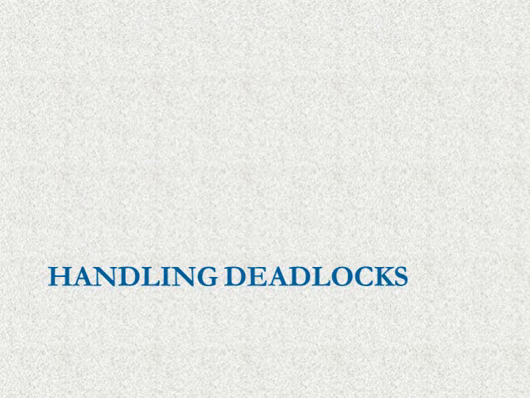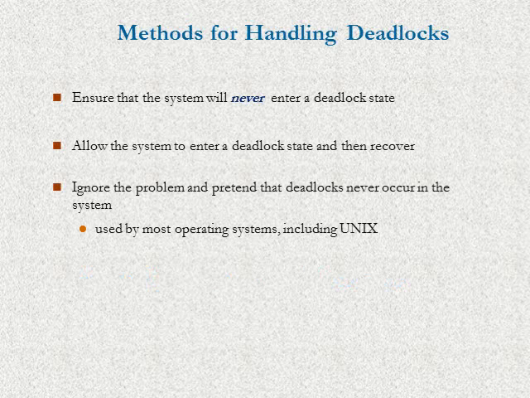All right. So after having an understanding about the four necessary conditions that are important to create a deadlock in a system, let's discuss some methods that can be used to handle a situation where we have deadlocks. There are three broader methods to handle deadlocks.